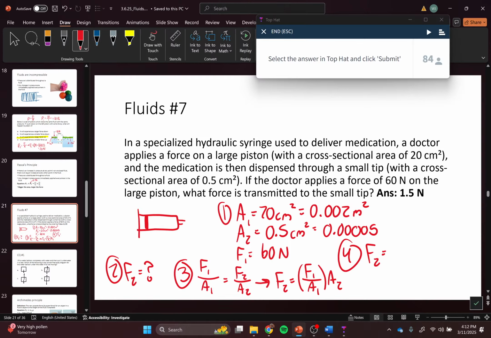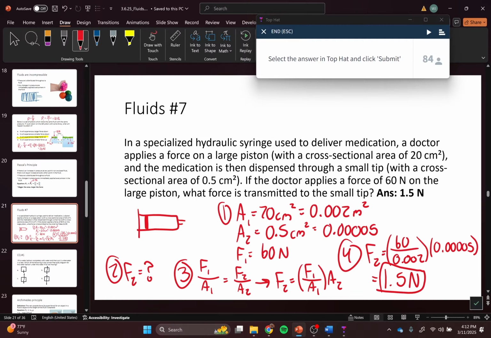So F2 is going to equal 60 divided by 0.002 times my 0.00005. All right. And we get a force that's 1.5 newtons.